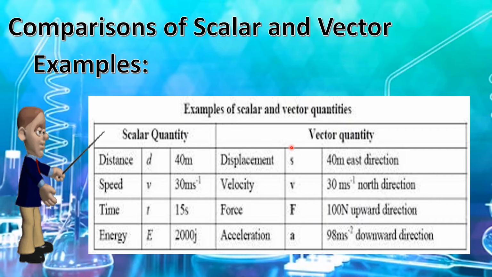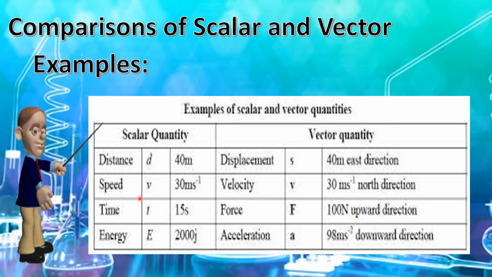On the other hand, a vector quantity, which is a quantity with size and direction, is what you call your displacement. So displacement here, 40 meters east. 40 meters here is your size or magnitude, and east is the direction. So these have size and direction. Displacement is an example of a vector quantity.